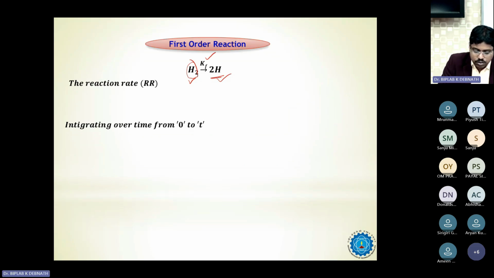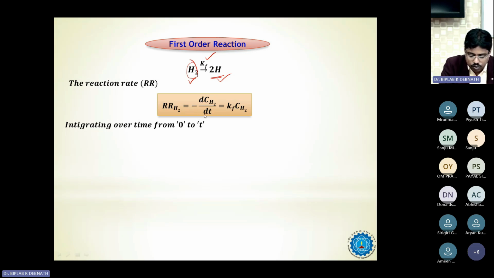Now in this first order reaction, if we want to see the reaction rate, then the reaction rate of hydrogen, since hydrogen is the reactant, is equal to minus 1 by the stoichiometric coefficient of hydrogen, but there is only one, so nothing is written, minus dCH2 by dt.